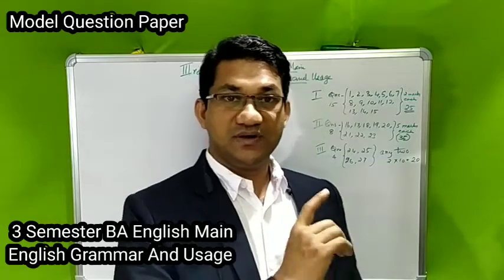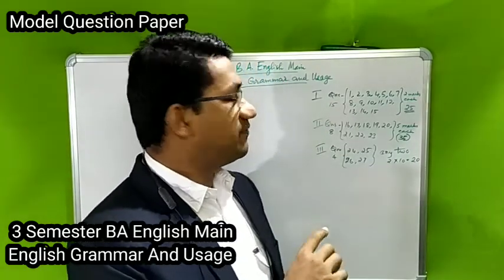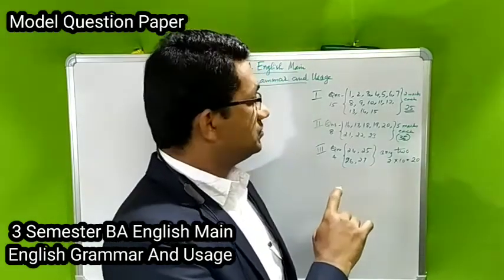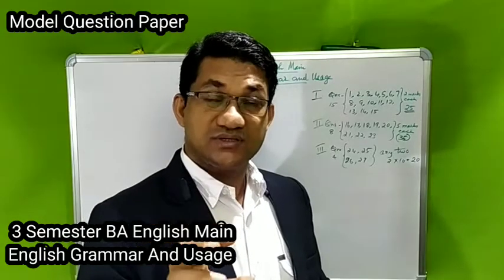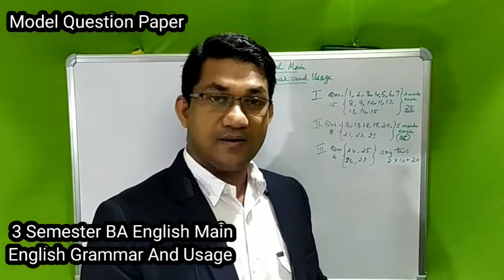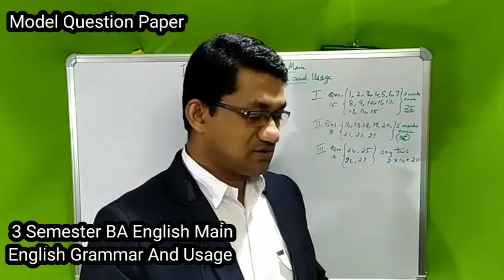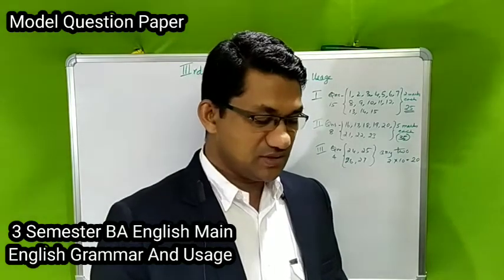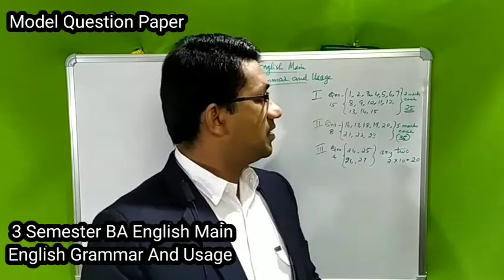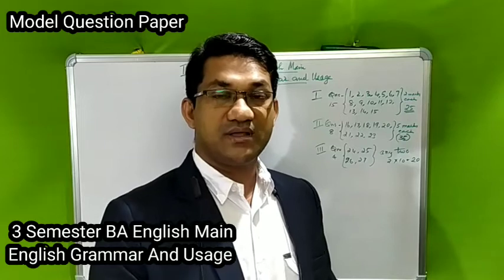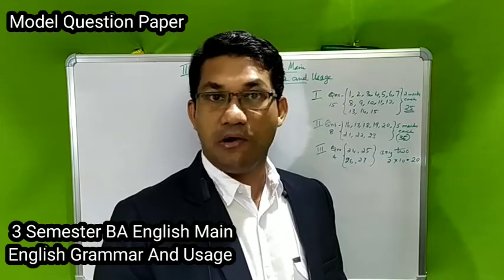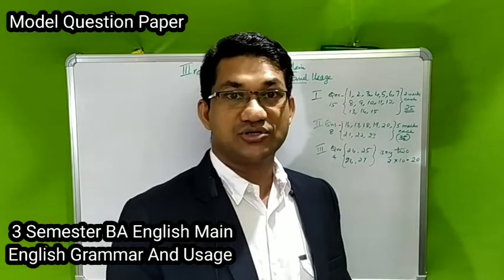In section A, we have 15 questions, numbers 1 to 15. Each carries 2 marks, and in this pattern of questions we have a ceiling. The maximum score a student can have is 25, but the student has total freedom to answer all the questions.